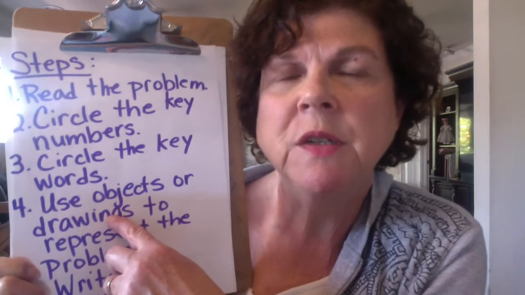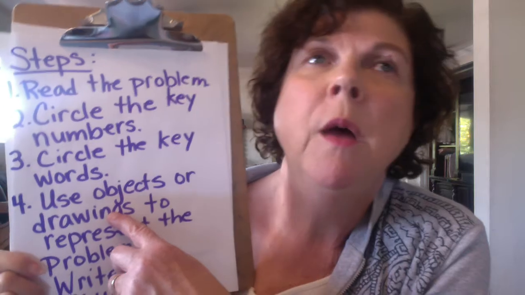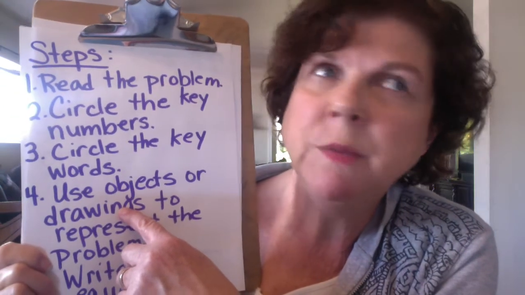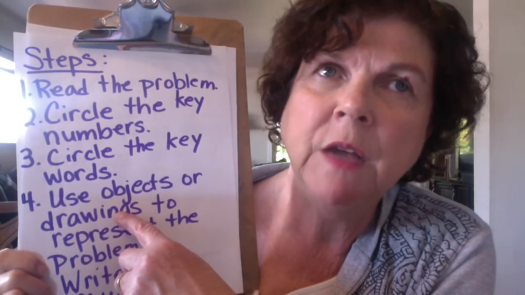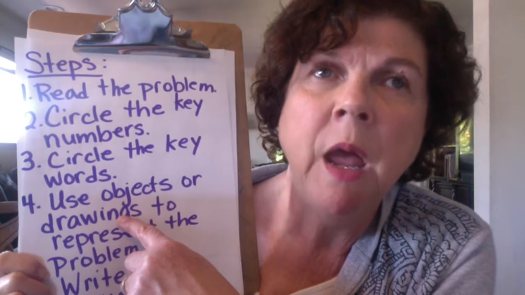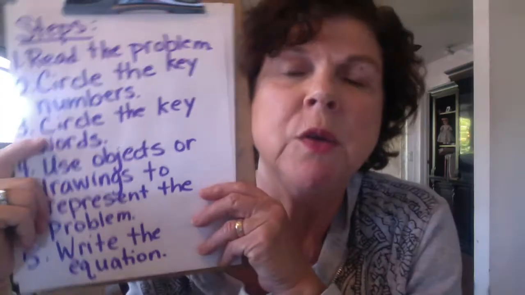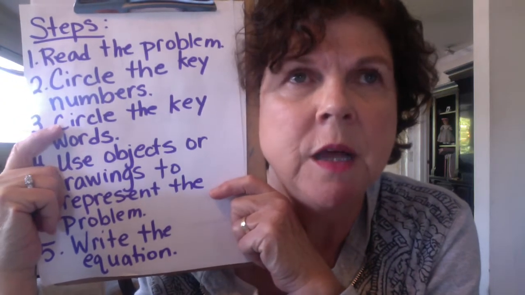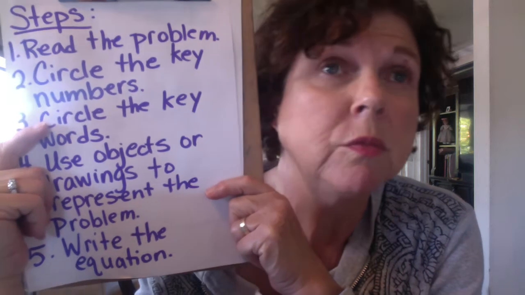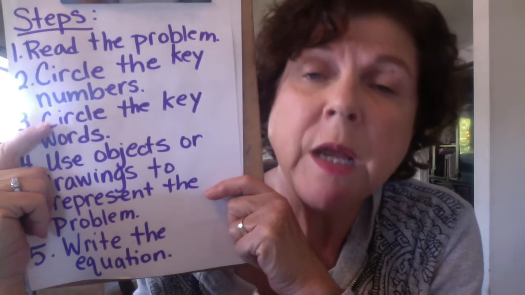And remember, I've talked to you about this before, but math drawings don't need to be beautiful, do they? They just need to help you solve the problem. At the same time, you don't want them to be so scribbly that you can't count what you've drawn. So you want to be careful.